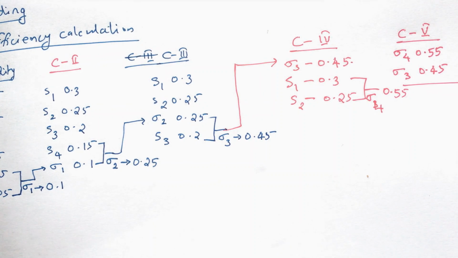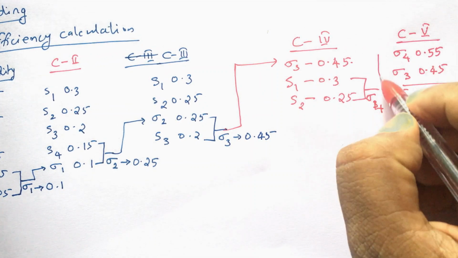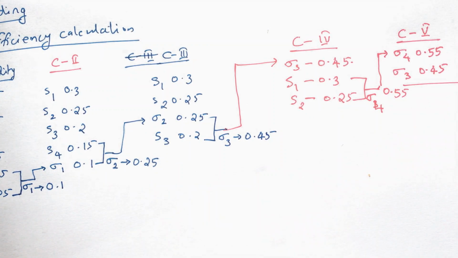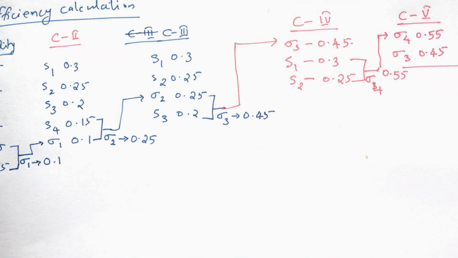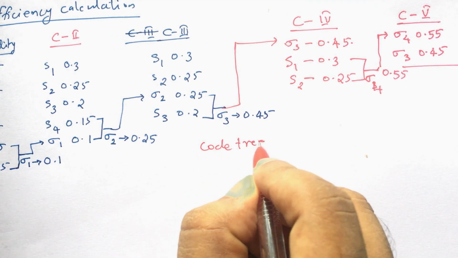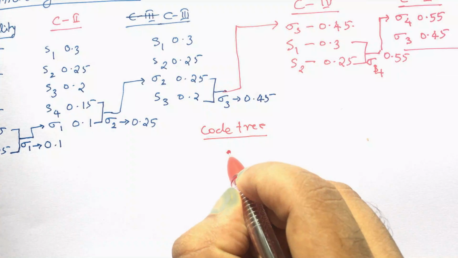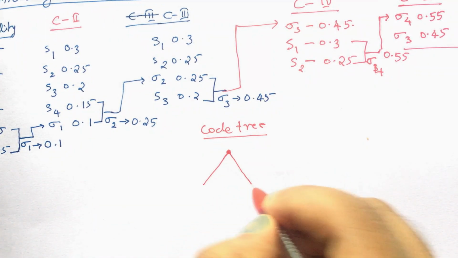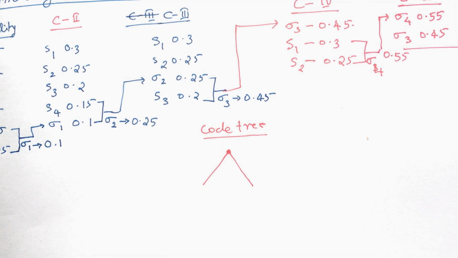Okay, now let's see how we can encode by using this process. The next step is, I'm drawing the code tree here. This is the starting node and we need to draw 2 branches of the tree.